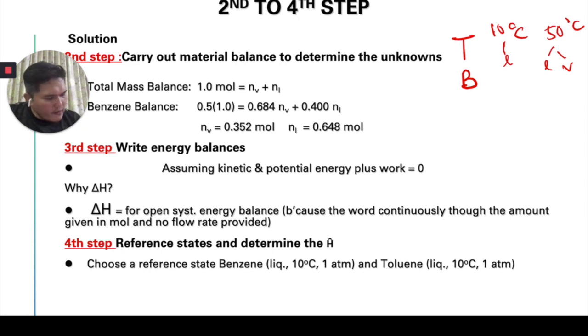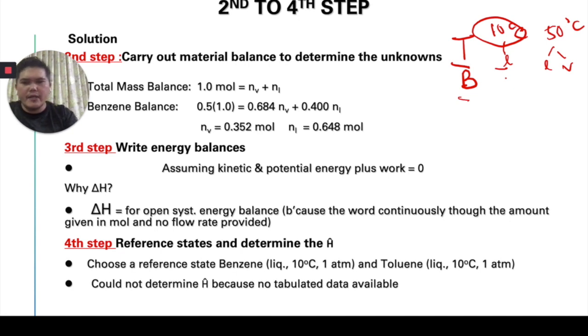So we need to pick the best reference state for us. Maybe the best is toluene at liquid state at 10 degrees Celsius, as well as benzene at liquid state at 10 degrees Celsius. Different components can have different reference states, but towards the end we are going to combine them together.